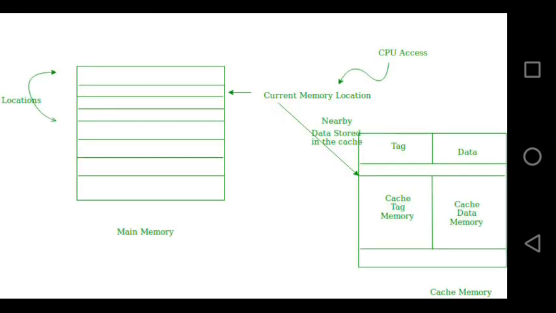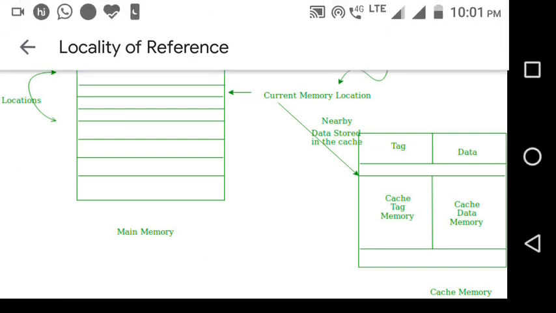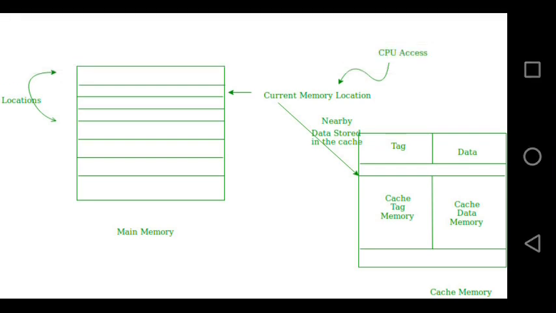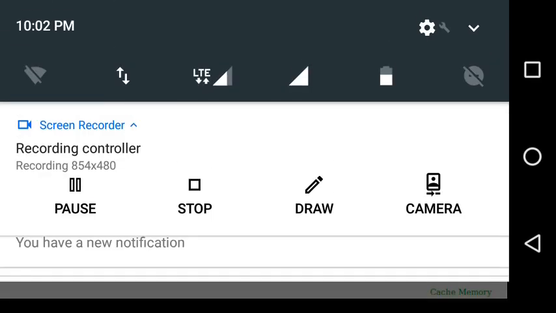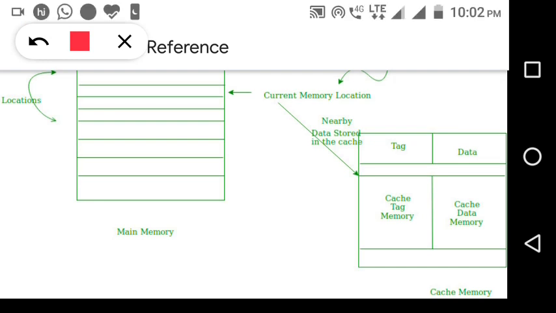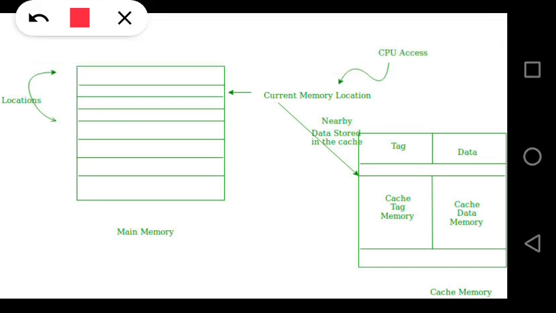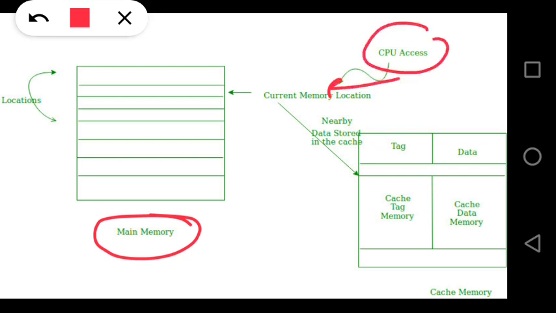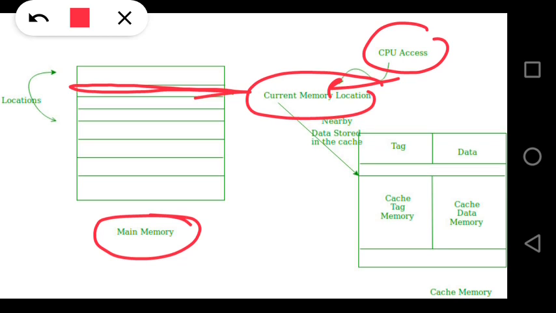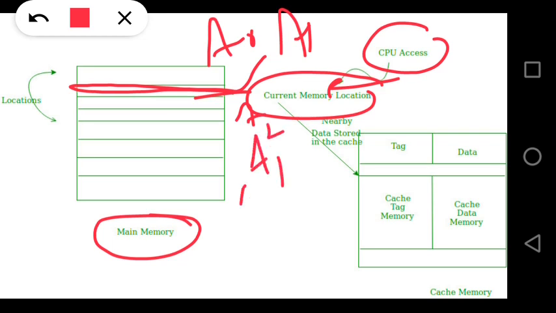So if you see the example here, this is my main memory. Presently the CPU processor is accessing this particular memory location. Let's assume this is address 1, then this is address 0, address 2, address 3, address 4.